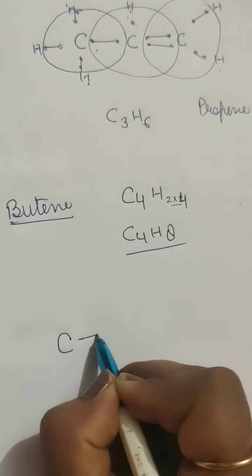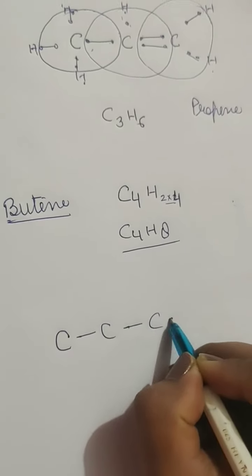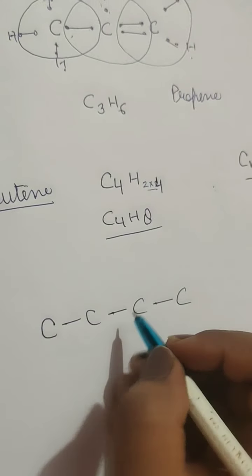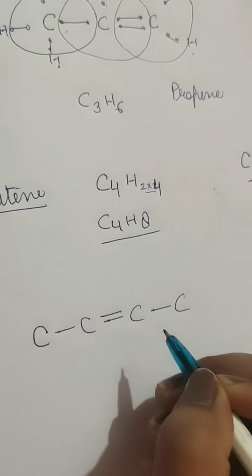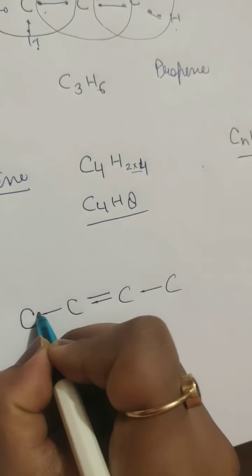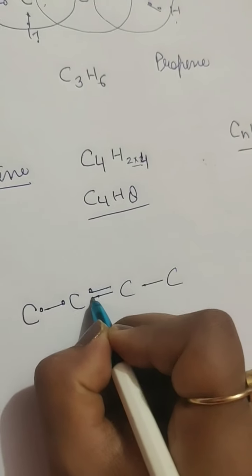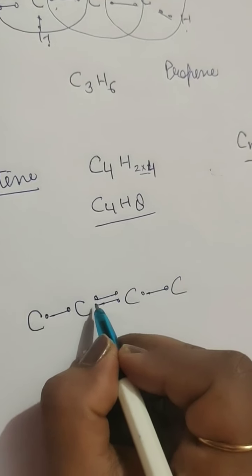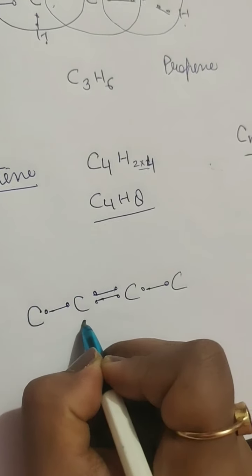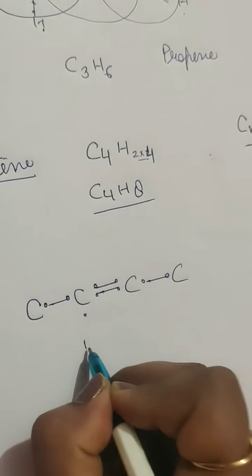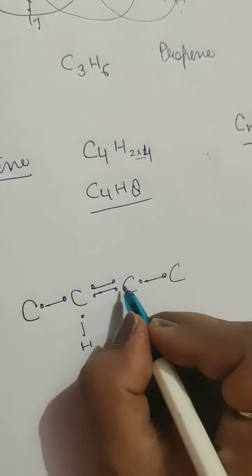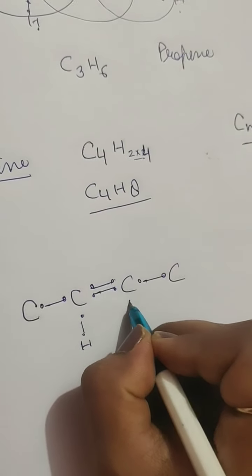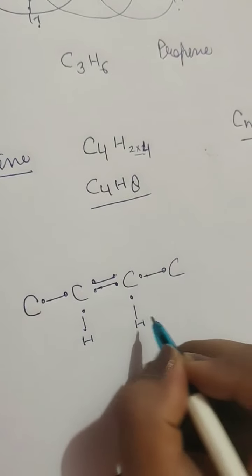C is 4, and anywhere there will be a double bond. Say we put a double bond here. That means this carbon is sharing electrons with the other carbon. Now this is sharing 3 electrons with this, so it only needs 1 extra electron, so it will use only 1 hydrogen.